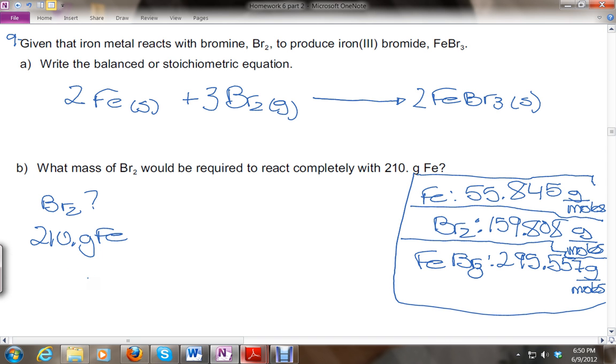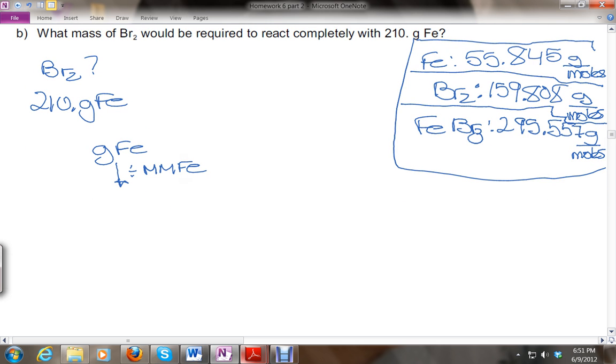So it says what mass of bromine would be required to react completely with that. What are they asking? What do you need to have to calculate this? You have the grams of iron, but you don't have the moles. So from grams of iron, we divide by the molar mass of iron to go to moles of iron.